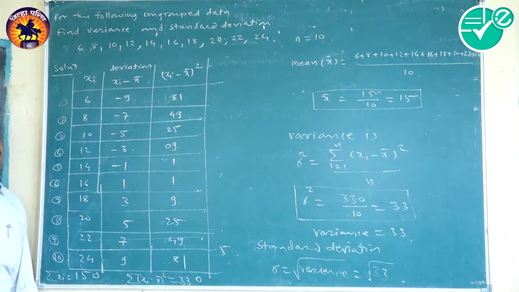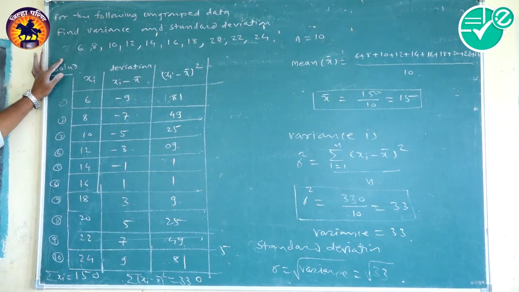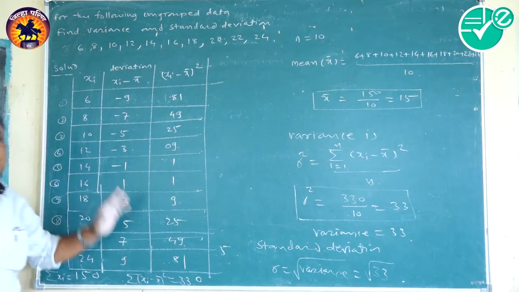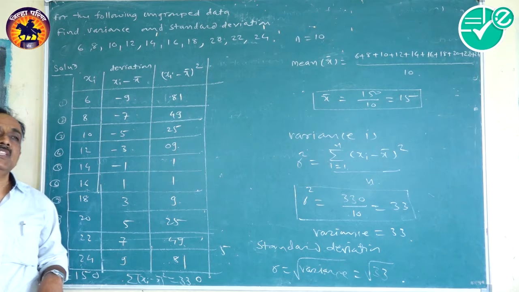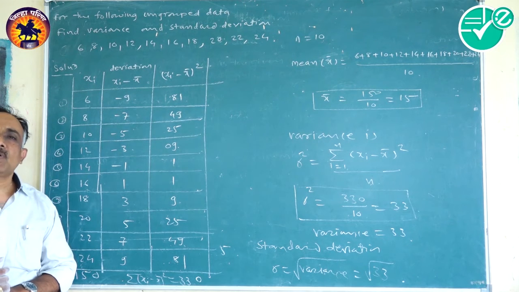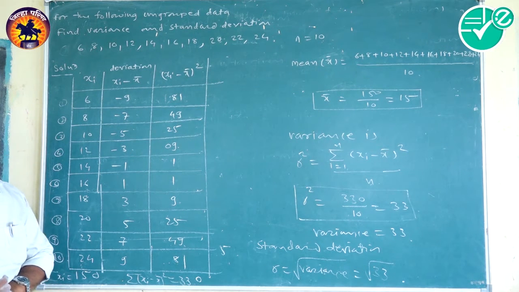Hoping you get, if we have been given ungrouped data, how to find its variance and how to find its standard deviation. Let's have a break here, and after that we will discuss, if the data is given to you in grouped form, how to find the variance and standard deviation.